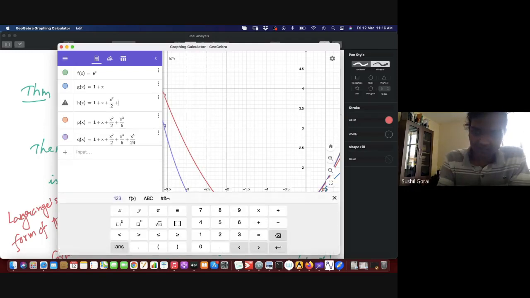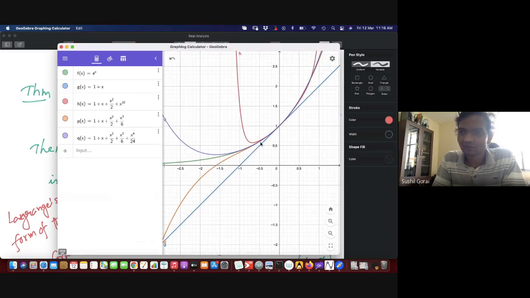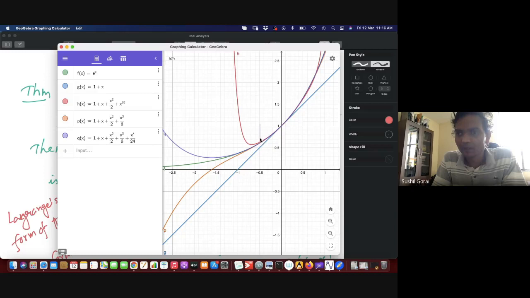Now here you see, if I add something here, plus x to the power, let's say, 10, and see what happens. It will get close. Of course the coefficients matter, but if you look at a small neighborhood, it is getting close.